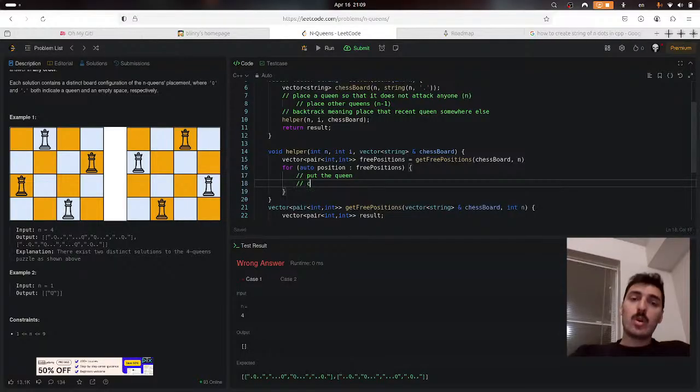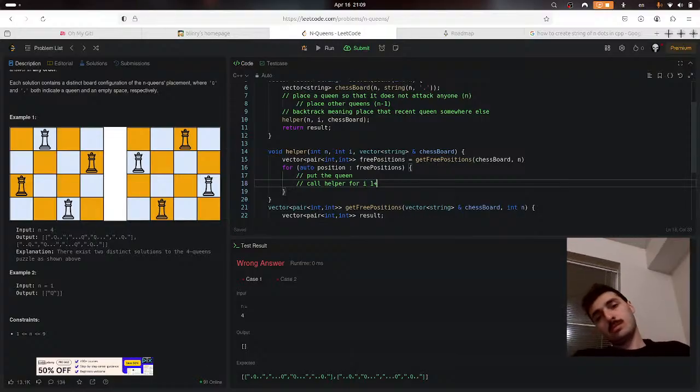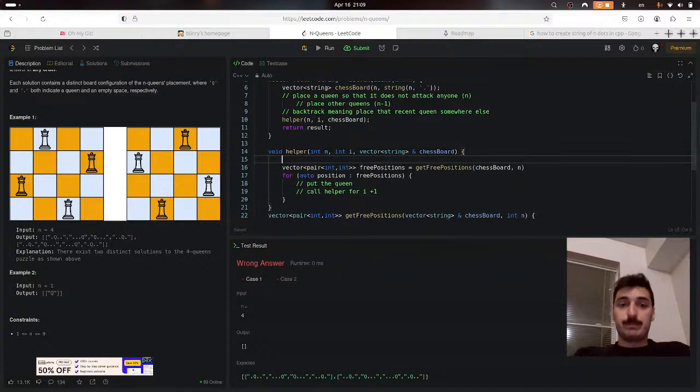We will have to call helper with i plus 1. And the base case is i equals n.